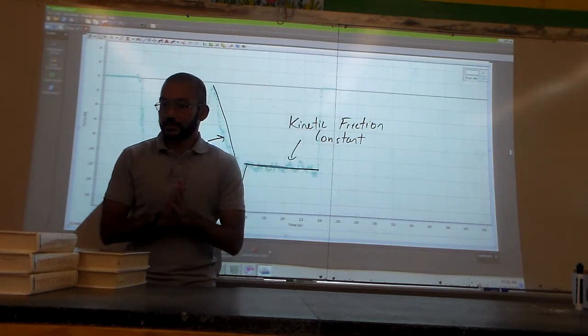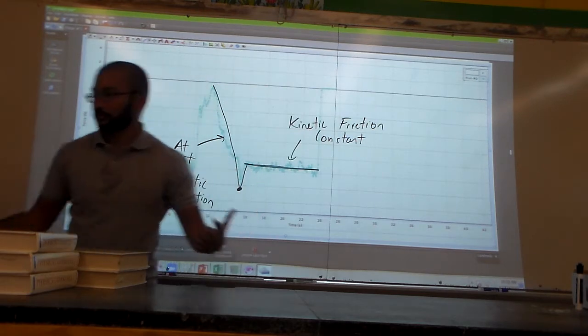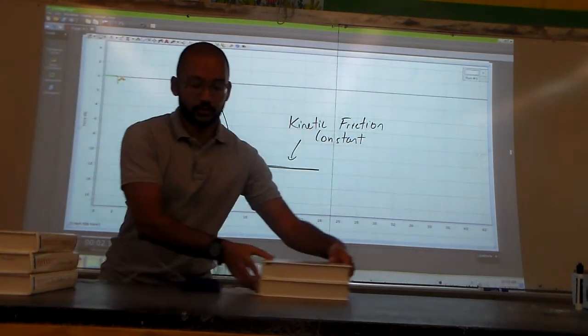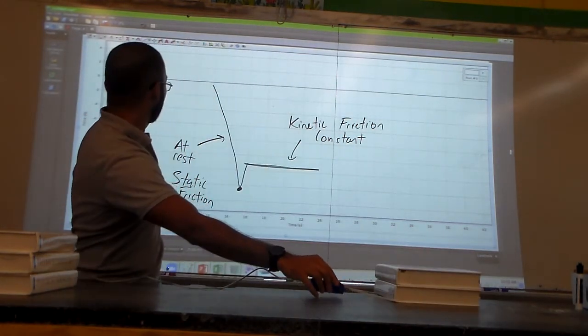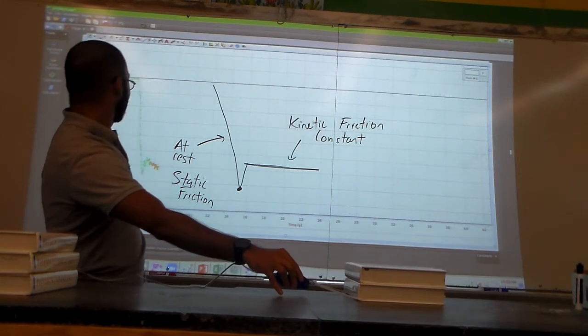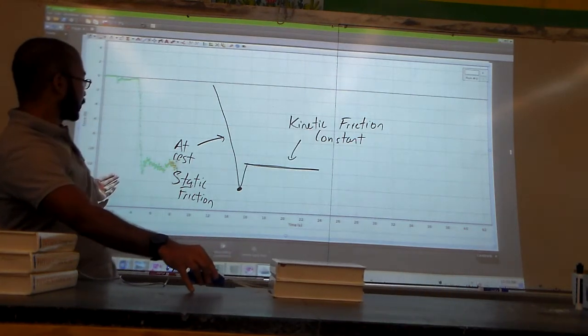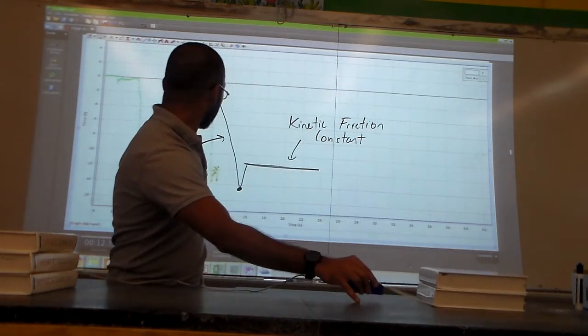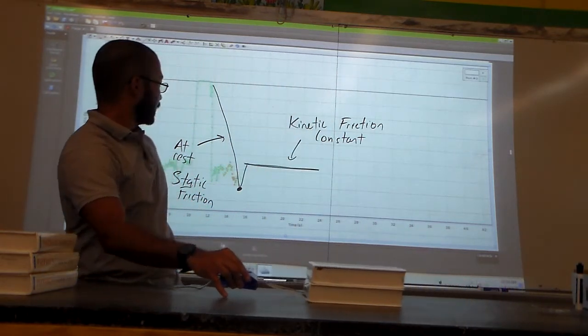Let's see, I want to share with you 2 more little bits of data. So -12 is sort of the kinetic friction when there's 2 boxes.